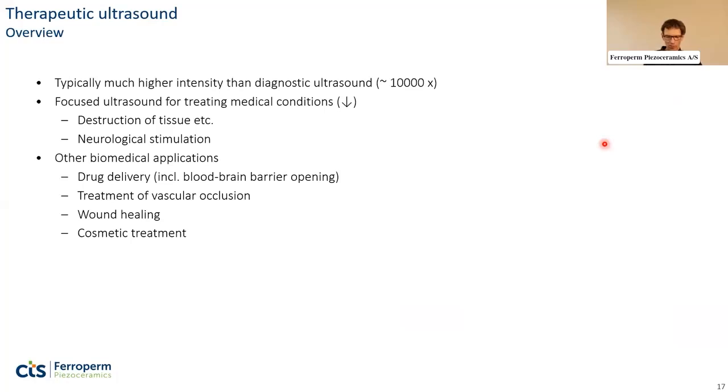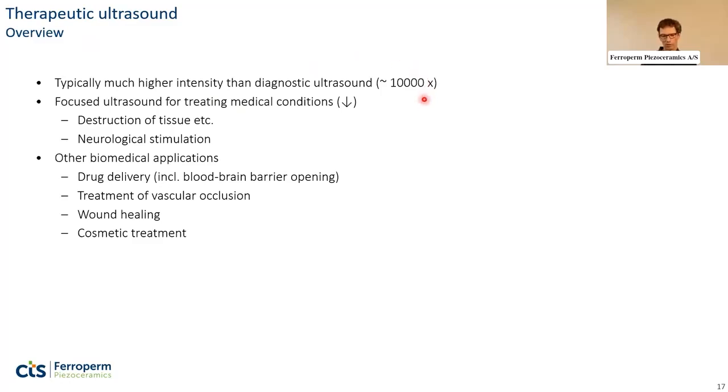Now I come to the other important part of medical ultrasound, which is therapeutic ultrasound. So not just for seeing things and for diagnosing, but for actually treatment of different diseases or conditions. Generally the intensity is much higher than for diagnostic ultrasound.